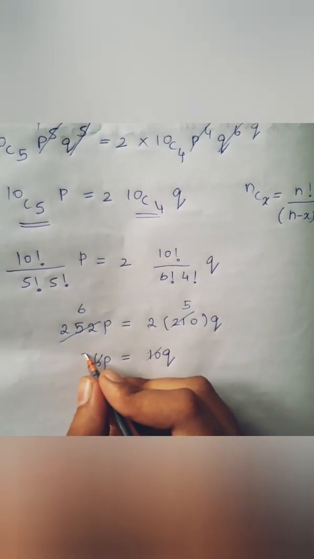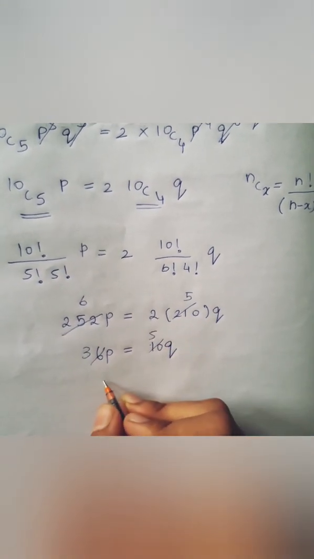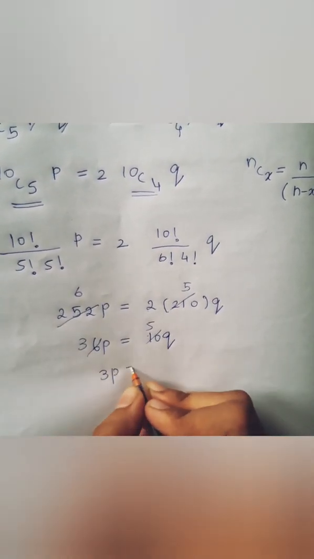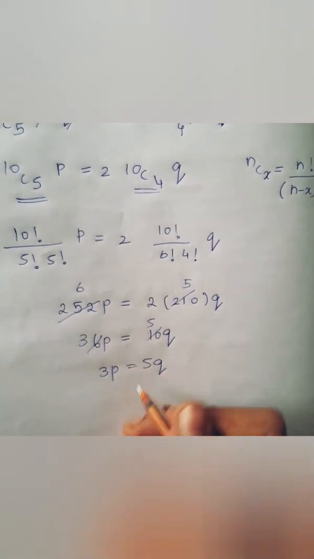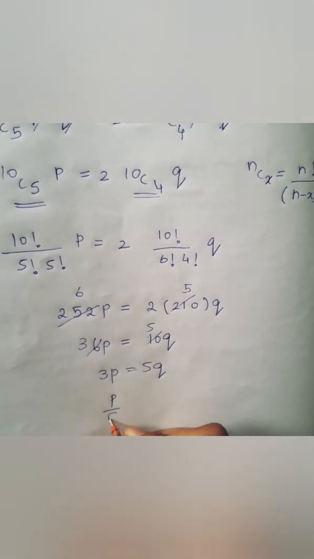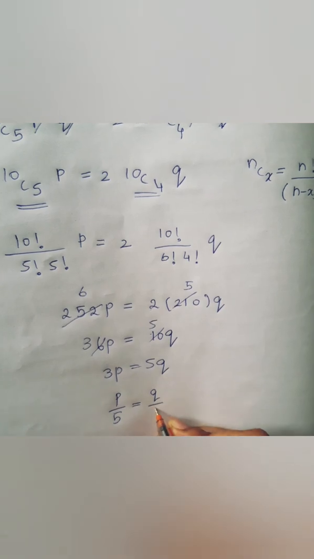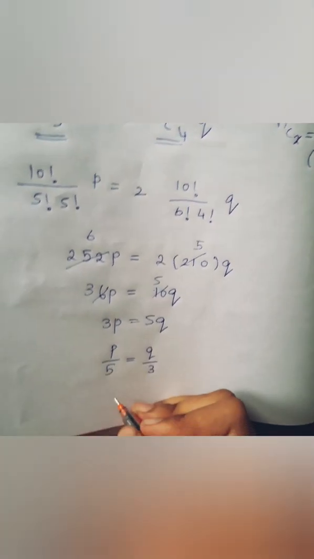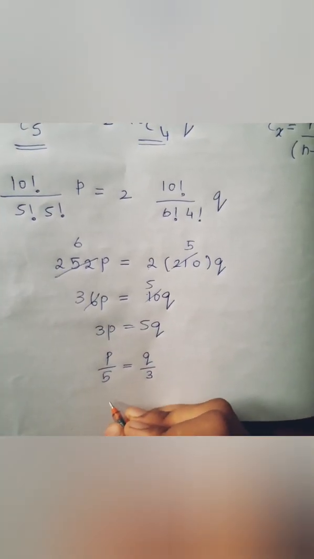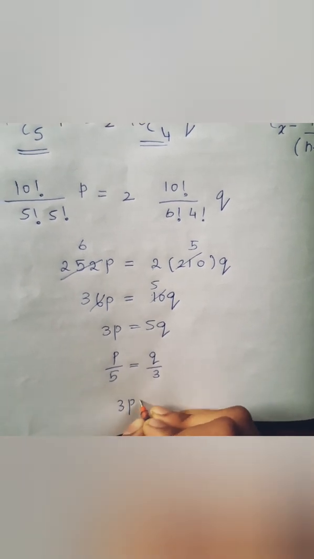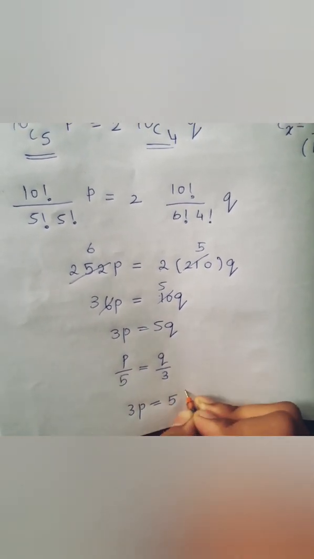Then further simplification, 3 and 5 will come, so that 3p is equal to 5q. Then taking cross multiplication, p by 5 is equal to q by 3. Then 3p is equal to 5q.